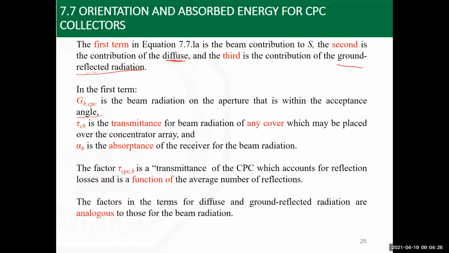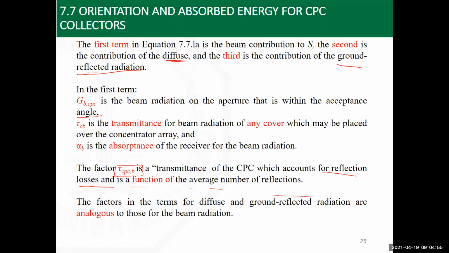These are surface characteristics. The factor tau CPC beam is the transmittance of the compound parabolic concentrator that accounts for reflection losses, which is a function of the average number of reflections. Each reflection, you expect some losses to be associated with it, and this is accounted for in that expression of tau CPC of the beam radiation.